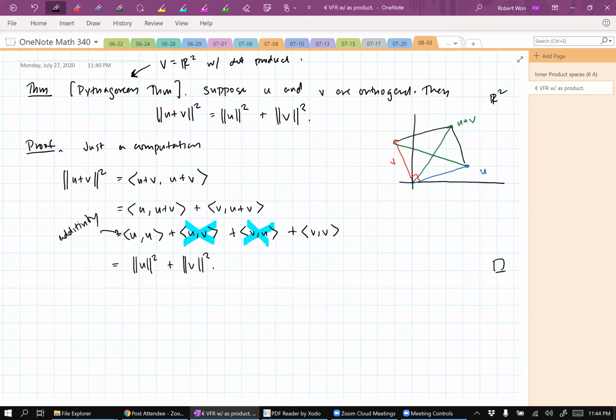So now you have a Pythagorean theorem in every single inner product space. And again, I've probably said this already too many times, I'll continue to say it. When you're working in inner product spaces, all of your intuition should be guided by the geometric things that you know about Rn, and then your proofs should work in general.